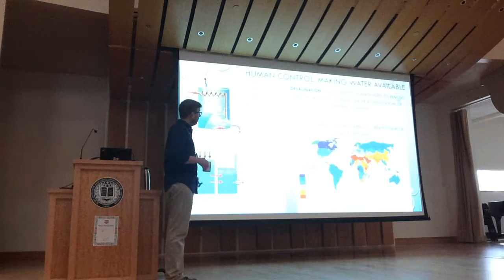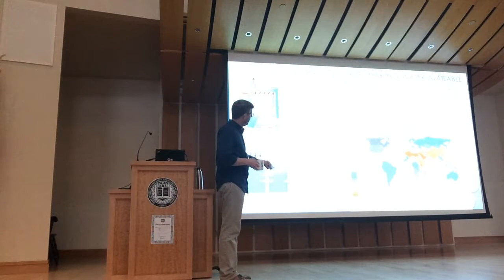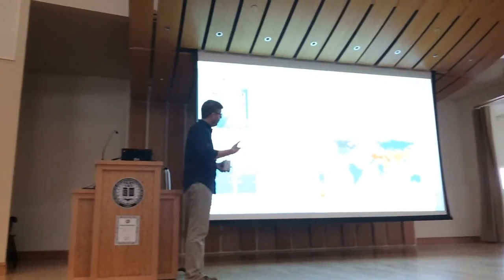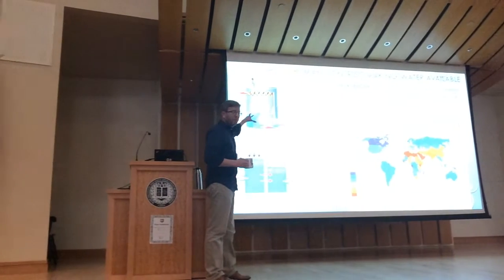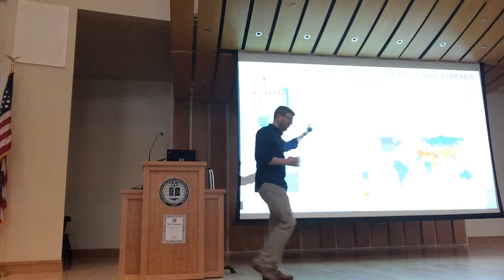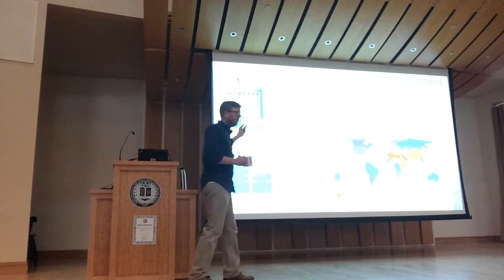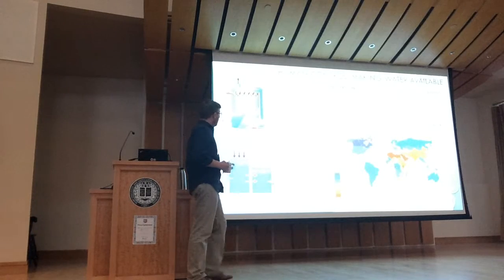In parts of the world, and they're showing this map here, where there is little to no freshwater availability per year, so the Middle East and North Africa, in parts of the world where that's an issue, this has become a pretty popular solution. I'm trying to remember the number now. It's at least 50% or something of the desalination that happens in the world is happening in the Middle East, for example.